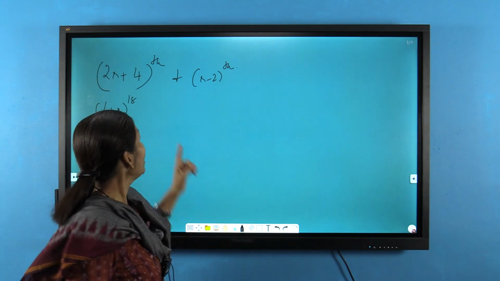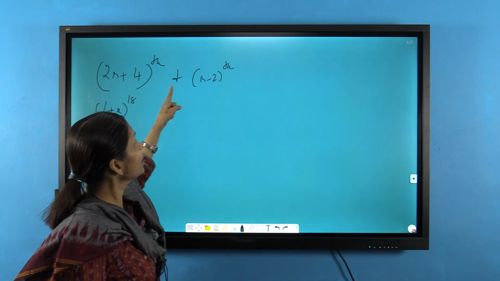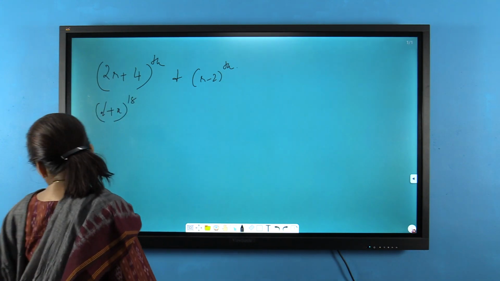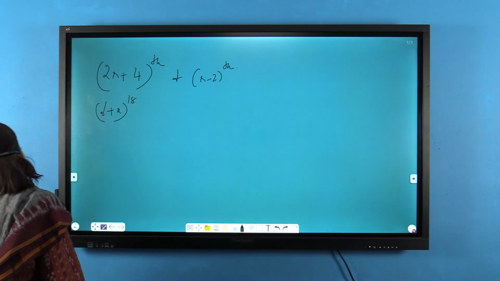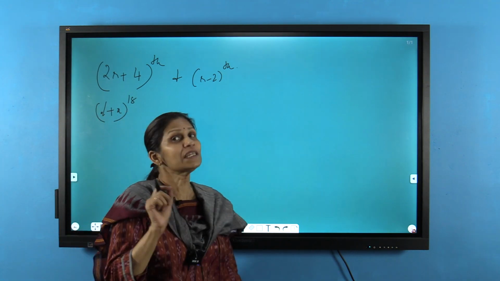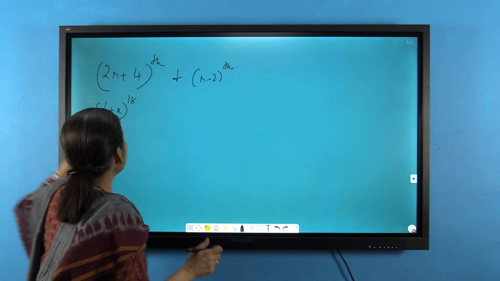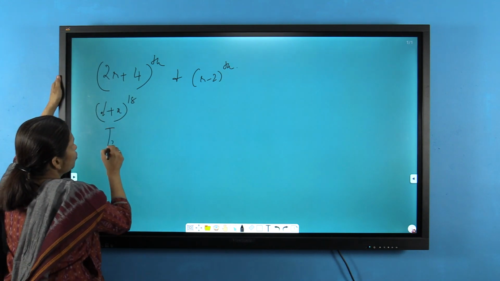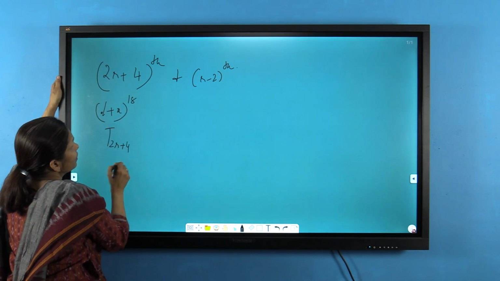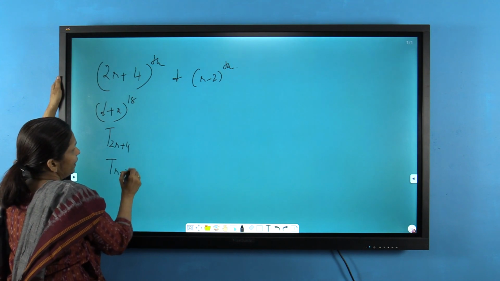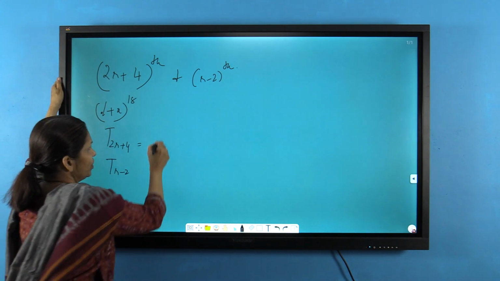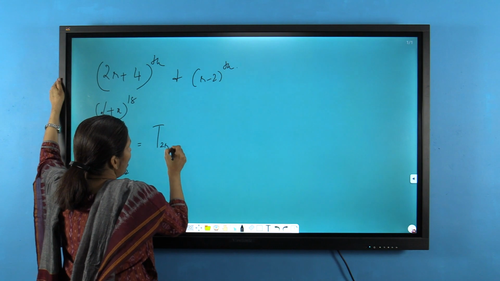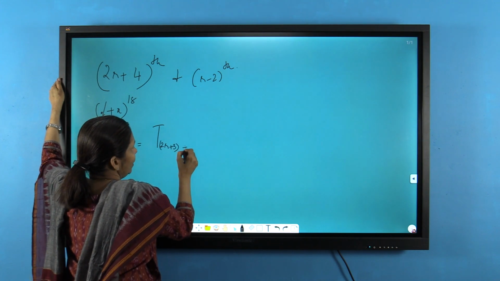Here what is given? The 2R plus 4th and the R minus 2th coefficients are equal, not the terms. Okay. So, write down what is the 2R plus 4th term and the R minus 2th term.